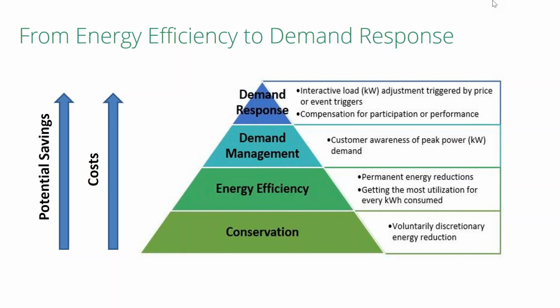And at the top, more complex in terms of technical challenges, but the one that can bring you more savings, is demand response. That is the interaction between the end customer and the grid, so that the customer can benefit from changing its behavior as a function of an external set point that can be a price signal or a physical set point, as we will see later.